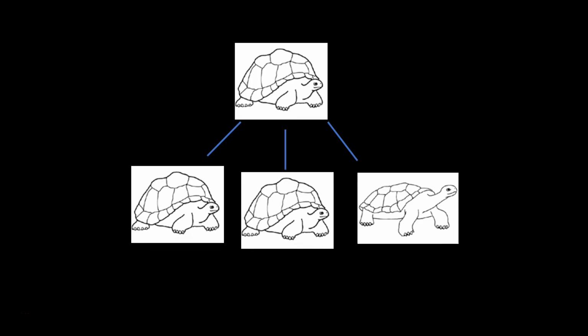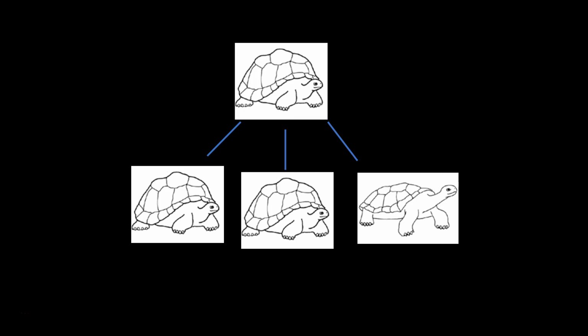So keep in mind that natural selection creates variation over generations and generations and generations. And it looks like this. So let's say we have a tortoise, and the tortoise lays some eggs and has some offspring. Within that offspring, we have variation, and nature is going to select which variation is beneficial.